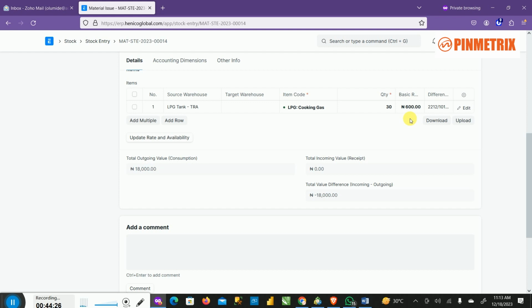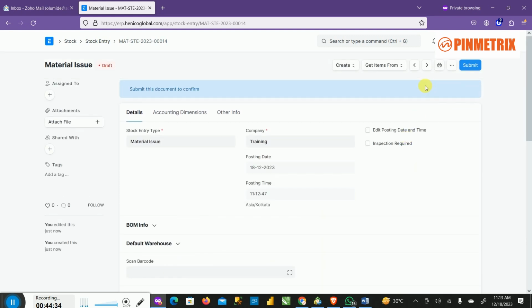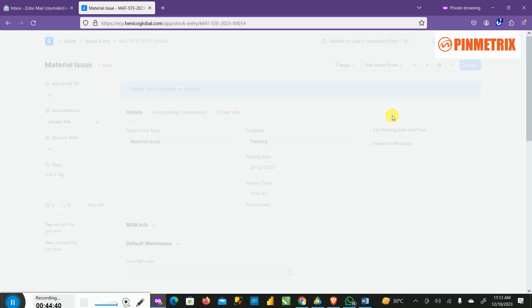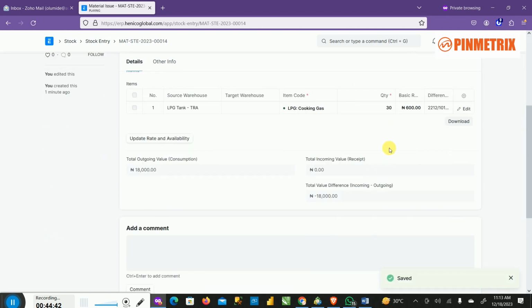But when you are issuing out the item, it is what the system calculated, not what you calculated or what you are given. So at this point in time, I say submit. Then I say yes. So I expect to see a variance of that 50 naira.